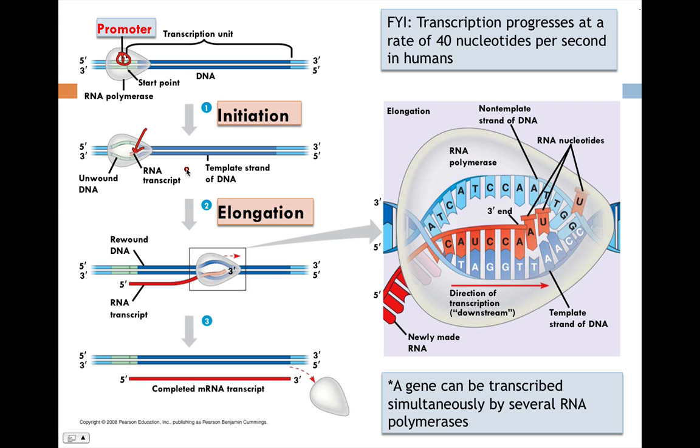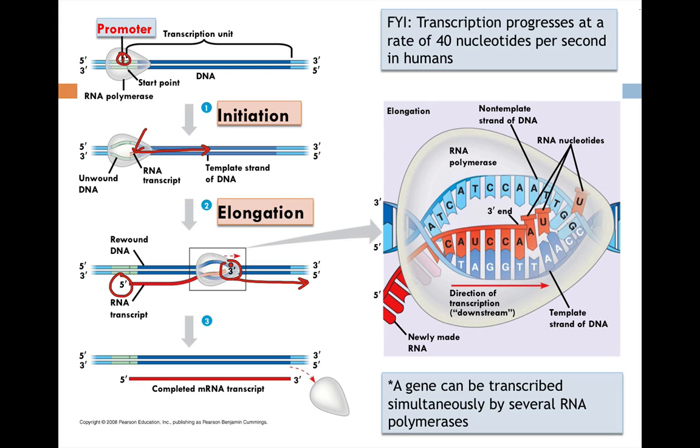So this RNA transcript is going to get longer. And that's going to happen during elongation. So as this moves forward, this RNA polymerase will continue to wedge out the DNA, allowing it to open up a little bit, and it will allow that copy to get longer and longer. And we said the copying goes on from the 3' to the 5' end on the template strand, but the copy itself of mRNA is actually built in a 5' to 3' direction, an anti-parallel direction to the strand it's copying.